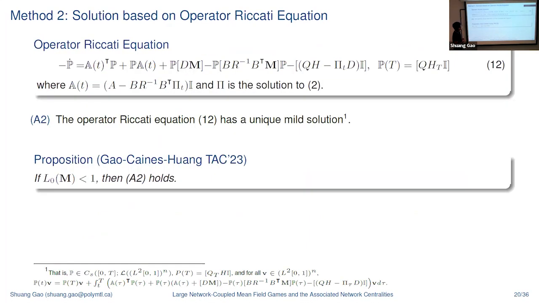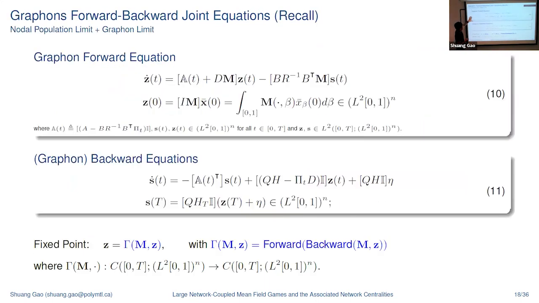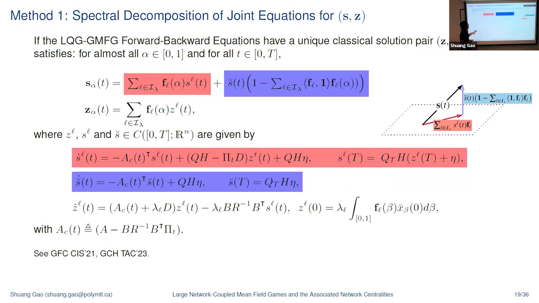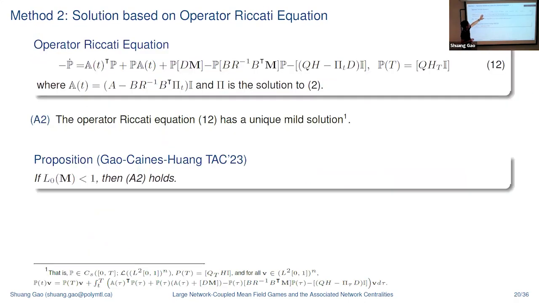Now one can also find solutions using the decoupling operator Riccati equation. This is just following the standard approach of decoupling these two equations by introducing a new Riccati equation. It's just like here the Riccati equation, all these coefficients, these are just L2 operators mapped from L2 function to L2 function.